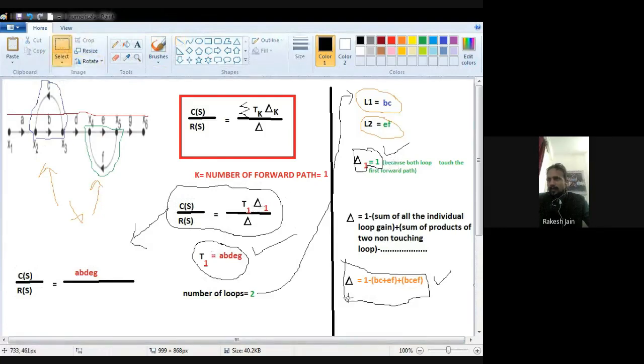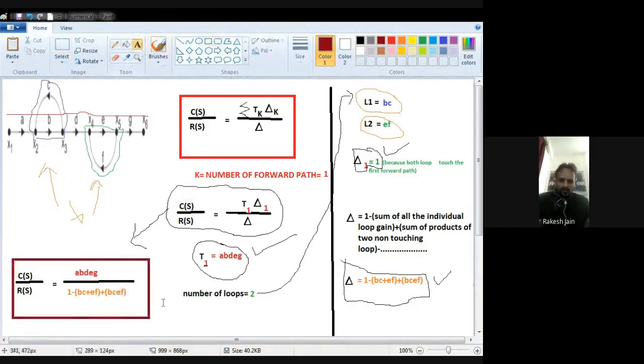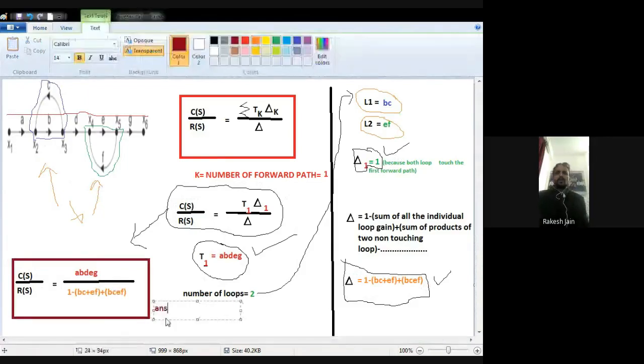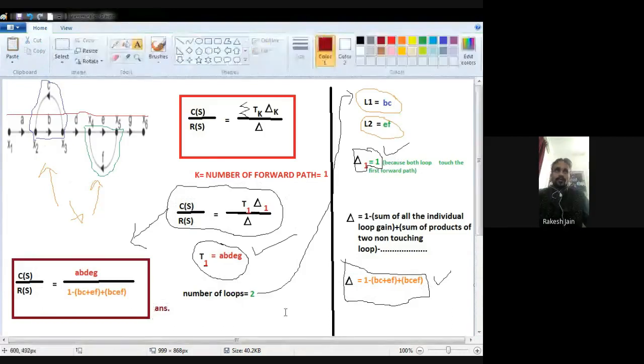So what is del? Del we just calculated, del is this one. I just remove this. Okay, so this one is your final answer. So we found the answer with the help of Mason's gain formula. Okay, so this question is completed. Now we will see one more question.